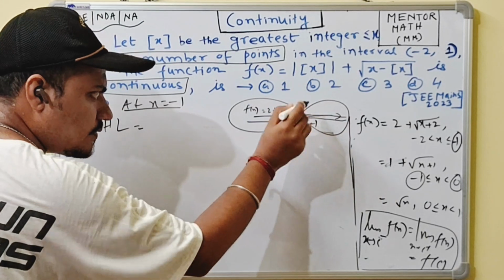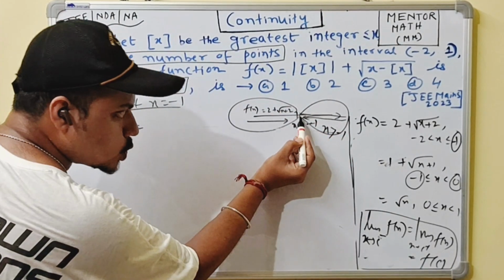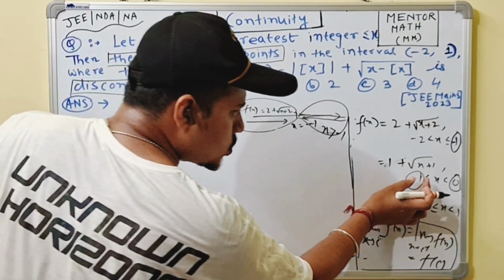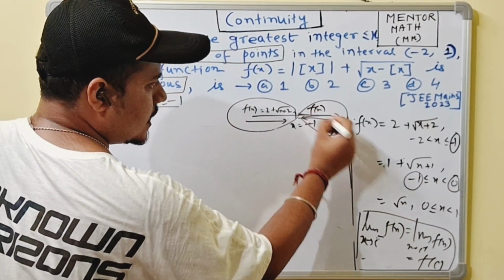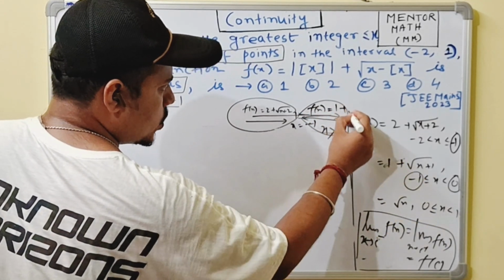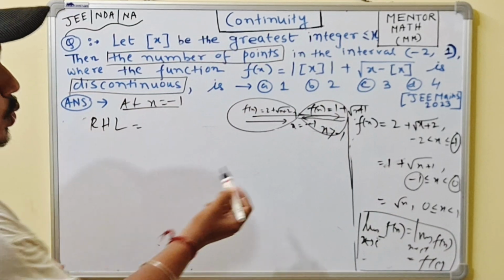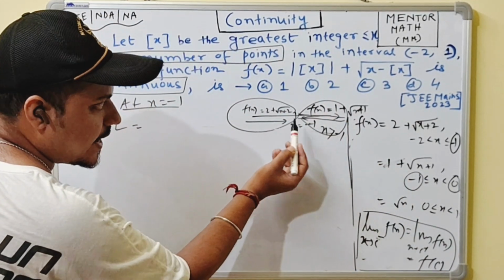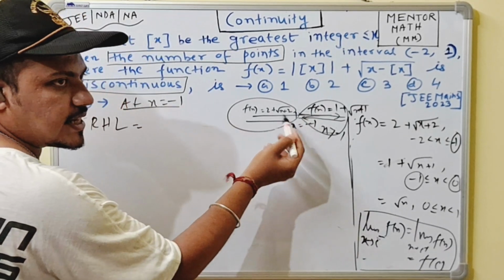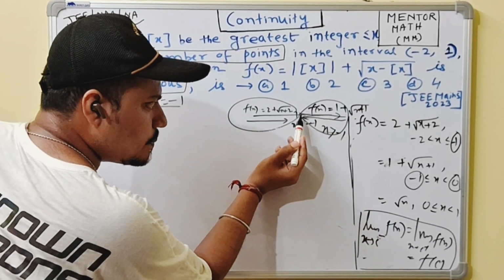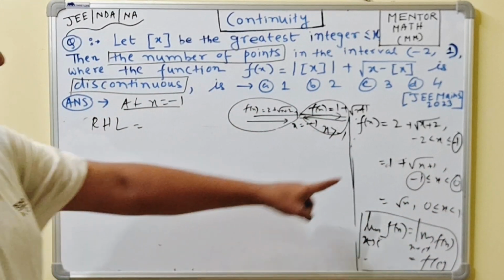Right hand limit means whatever value you take is greater than -1 and close to -1. For that, you have to take the function f(x) equal to 1 plus root under x plus 1, because in between -1 and 0 the function value is 1 plus root under x plus 1.